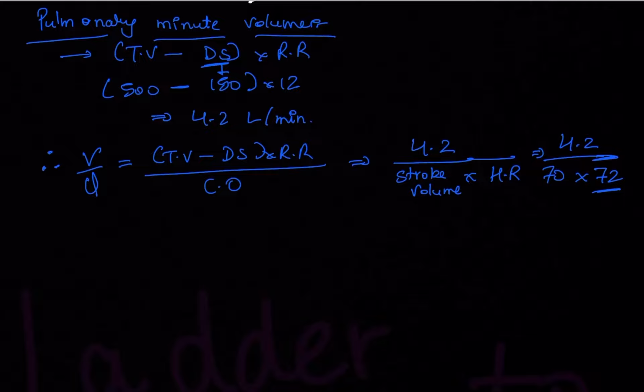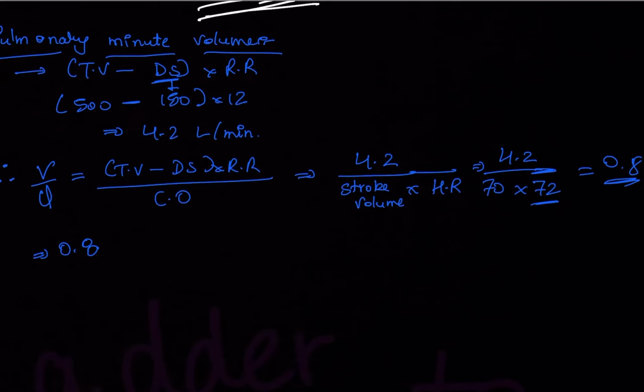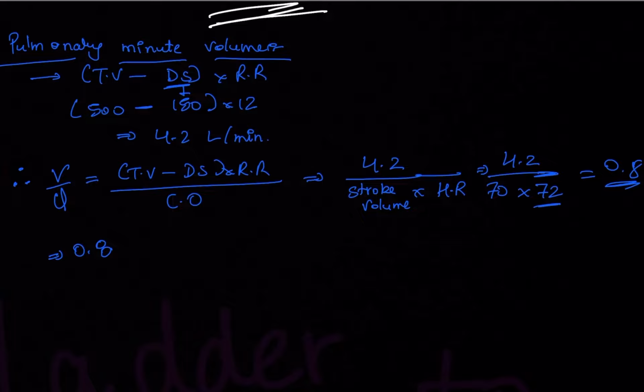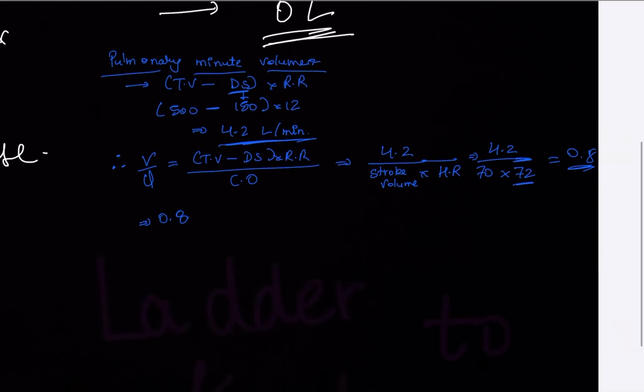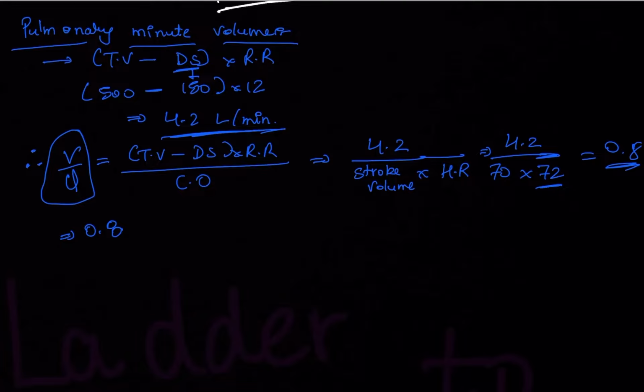So the cardiac output comes to about 5, and the ventilation by perfusion ratio comes to 0.8.